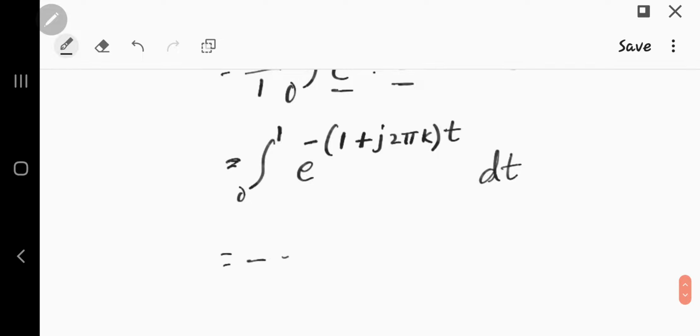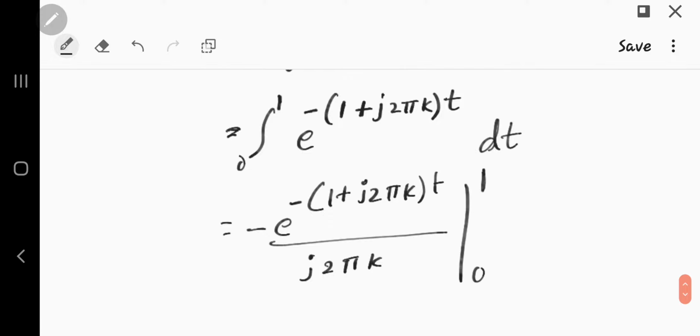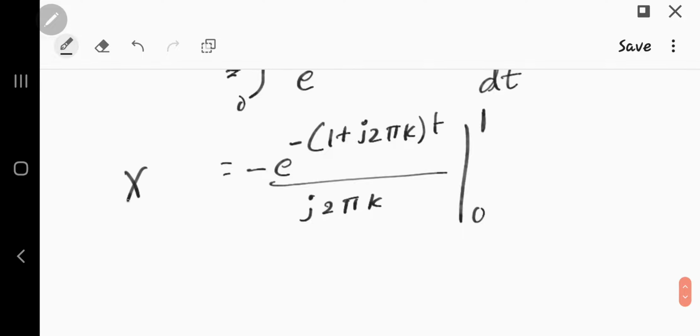Okay. So now if you integrate this, it will be minus e power minus (1 plus j 2 pi k)t divided by j 2 pi k, with limits 0 and 1. So this is my x of k.